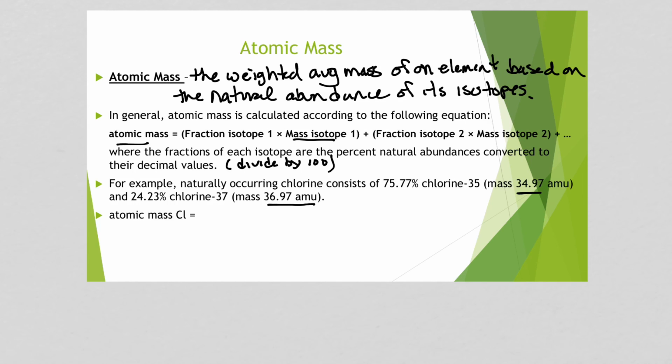So let's lay out this calculation. Following here, we're going to take the fraction of isotope 1. That's 75.77%, so as a fraction, that's 0.7577. And we're going to multiply that by the mass of that isotope, which is 34.97 AMU.